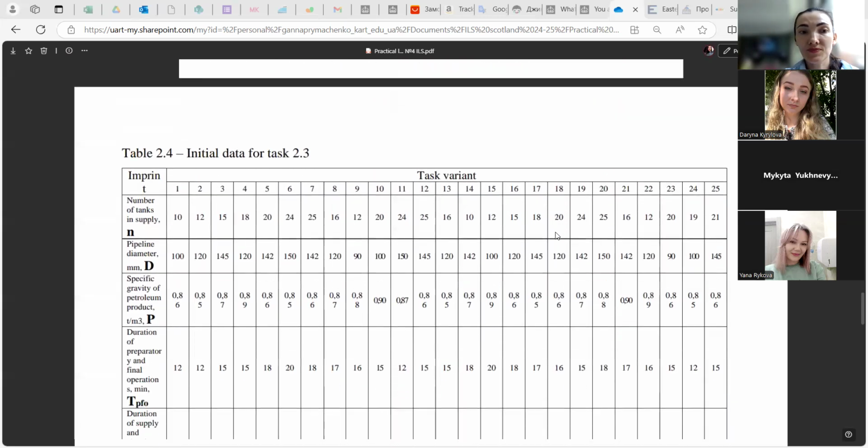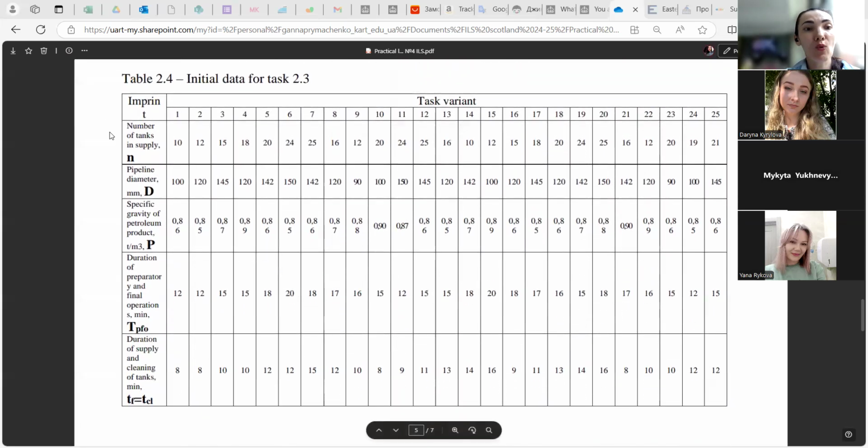It is our third parameter in table 2.4, specific gravity of petroleum products. For the first variant, for example, it is 0.86. For the second variant, it is 0.85. And the others, find for your variant, please.